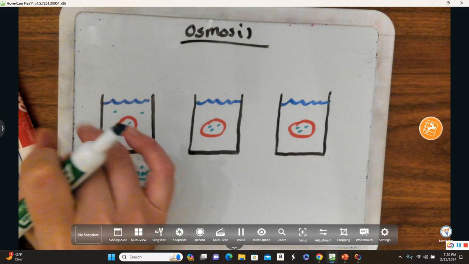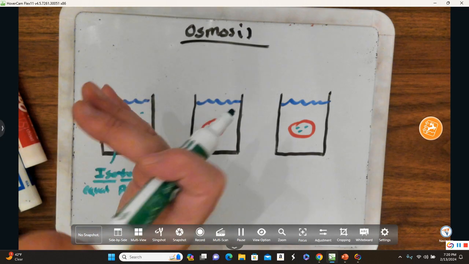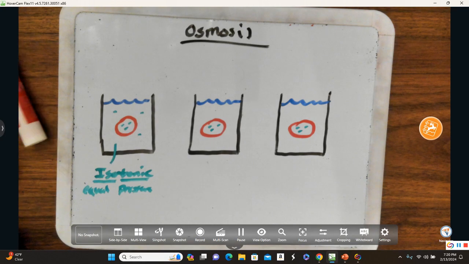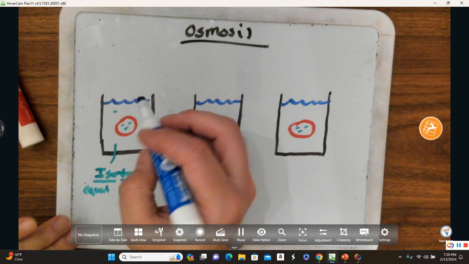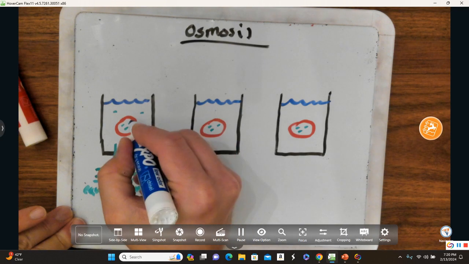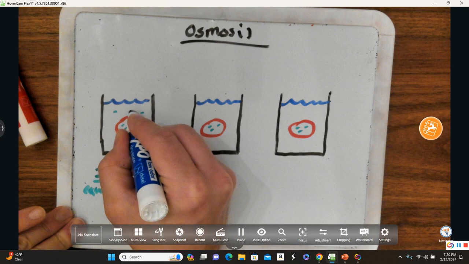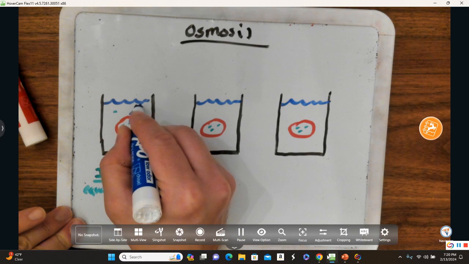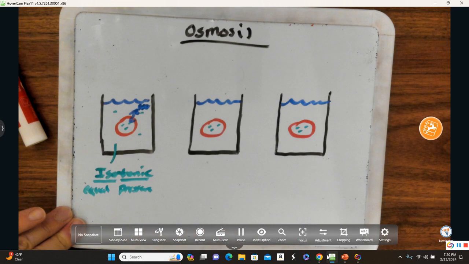Water moves from high osmotic pressure to low osmotic pressure. It's one of the ways we can say this statement, okay? Water moves towards the greater solute. Now, water moves from high osmotic pressure to low osmotic pressure. Now, here's the thing. There's no greater osmotic pressure. They are the same. So what water will do is move in and out equally. H2O. This will be H2O. I couldn't write it any finer than that because I don't have a fine point marker.